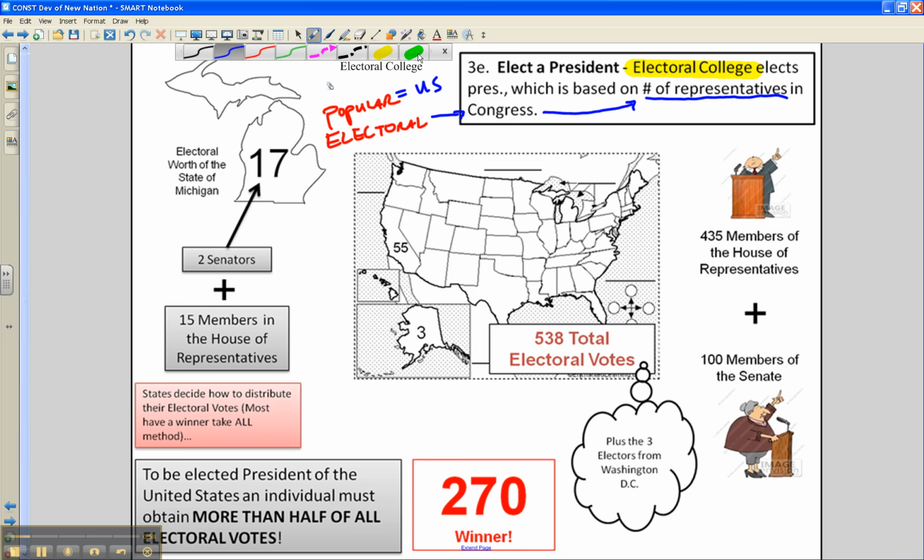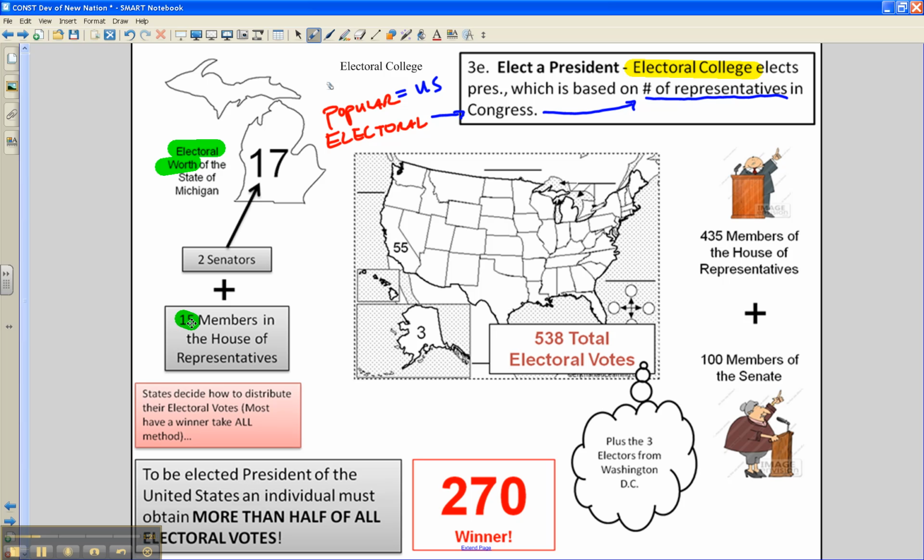Now let me explain this concept of electoral worth. I'm going to use the state of Michigan and its census information from the year 2000 to explain. Each state has members in the House of Representatives. Michigan, as a result of the census of 2000, had 15 people. Now the fewest that you can have is 1. Every state is guaranteed 1.